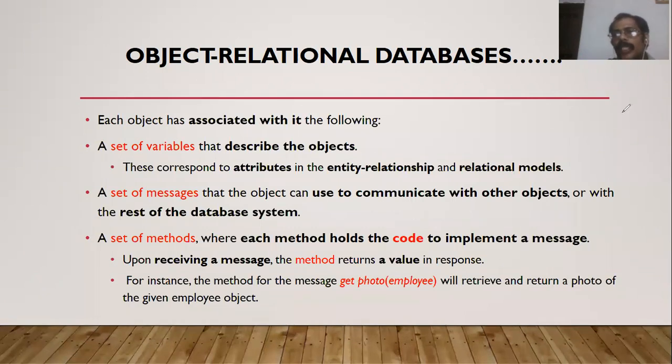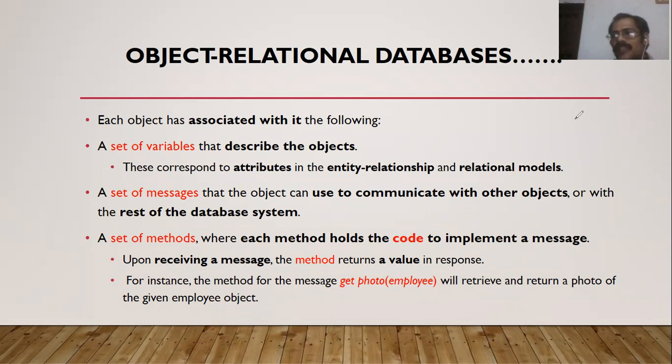Now, in object relational databases, some objects have the same properties, so we can combine them into a group, which is known as class.